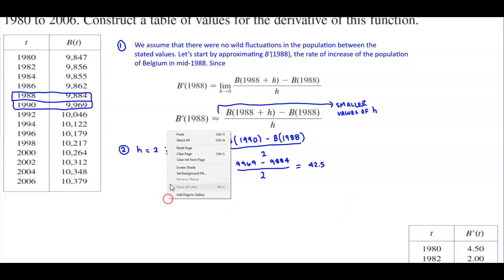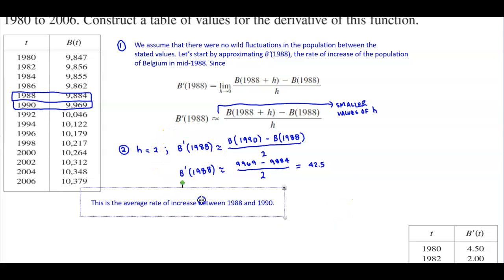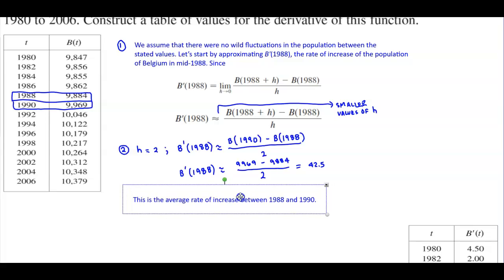So what does that tell us? Well, that tells us that this is the average rate of increase between 1988 and 1990.